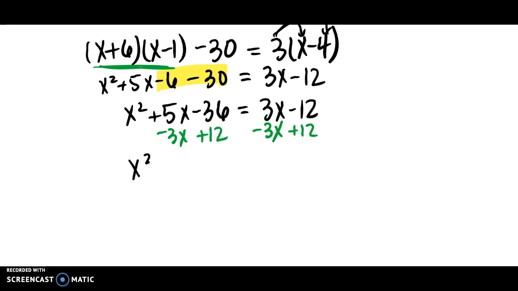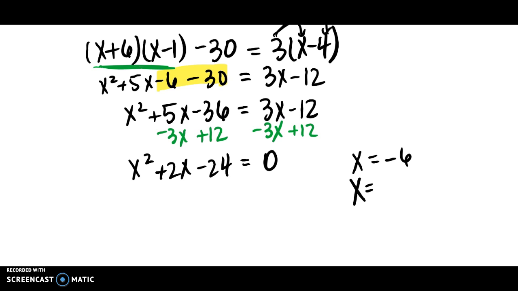We'd get x squared plus 2x minus 24 equals 0. You can then factor this or put it in the calculator. You would get x equals -6 and x equals +4.